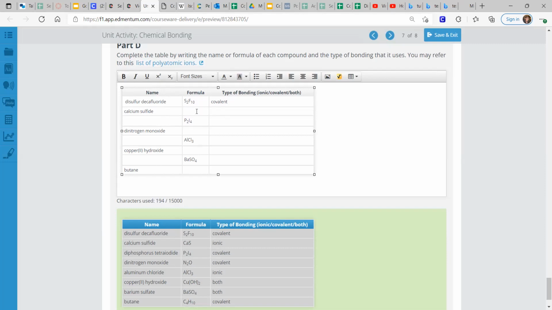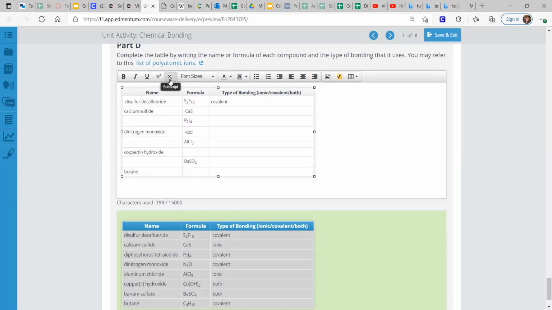Calcium sulfide, that would just be calcium sulfide. Nitrogen monoxide, dinitrogen, that's N2. Monoxide just means 1 oxide. Wait.